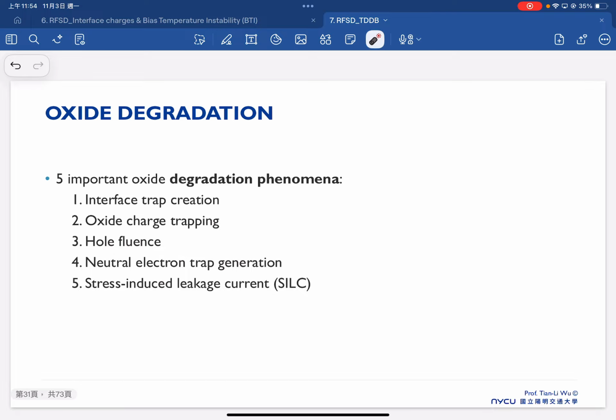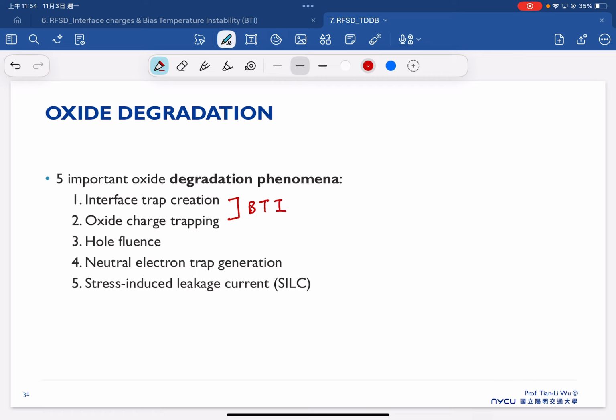So when we talk about oxide degradation, there are 5 important types. The first one is interface trap creation. The second one is the oxide charge trapping, which is related to BTI, already mentioned.